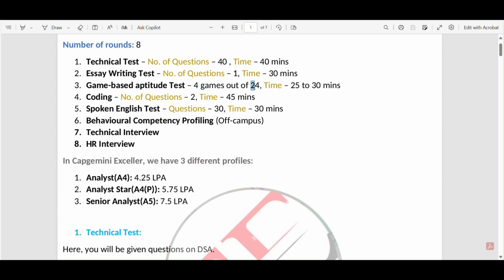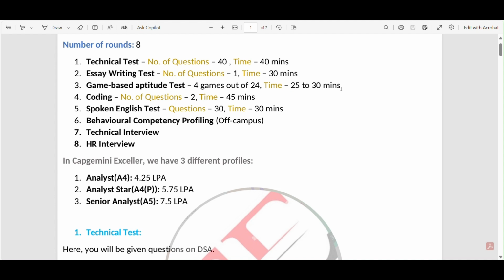Total in Capgemini you will be having 24 games. Out of them, any four random games will be picked and given to you, right? Those four games you need to play in the time of 25 to 30 minutes. So you need to play very fast.